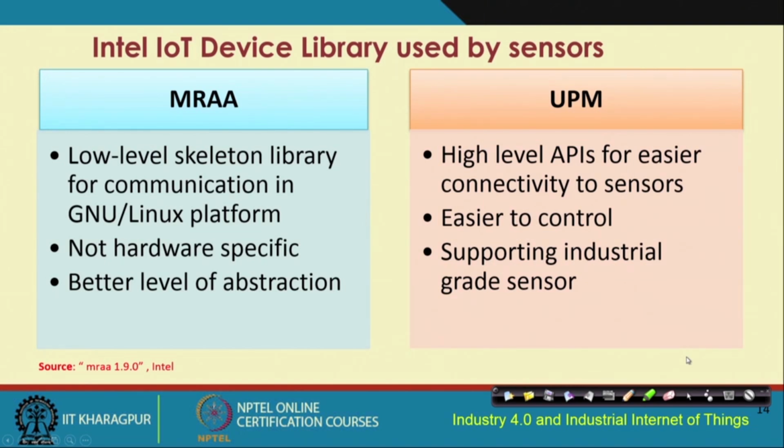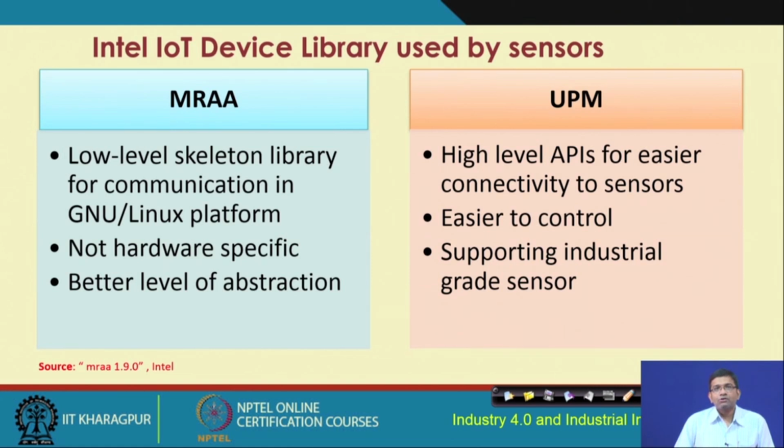So, different device libraries are also available for the programming purpose. Intel IoT device library is one such library, and there are different components in it. One is the MRAA component, which is a low level skeleton library for communication in the GNU Linux platform. There is another component, UPM, which provides high level APIs for easier connectivity to the sensors, and also helps in control applications.